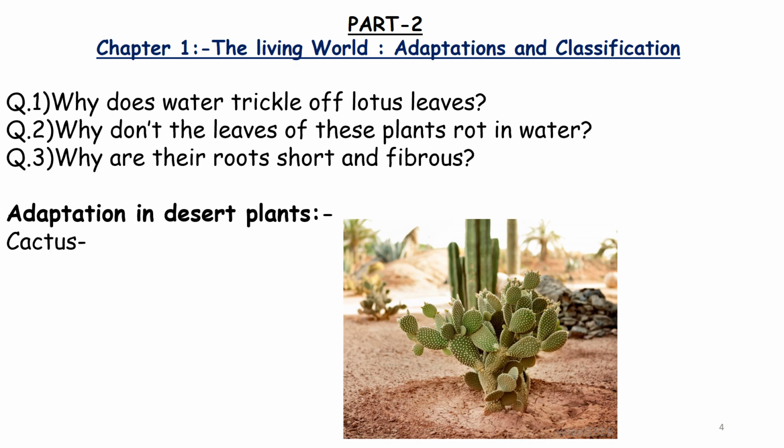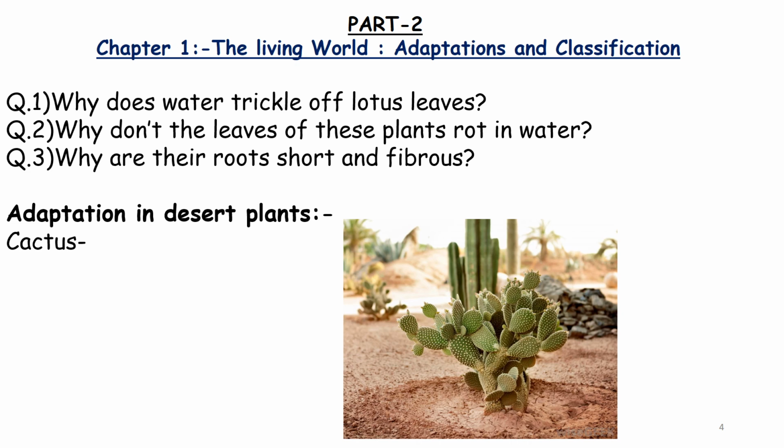You have to notice very carefully, has the same quantity of water collected in both the bags? The desert plant or cactus plant must have a little quantity of water collected in the bag. Yes?